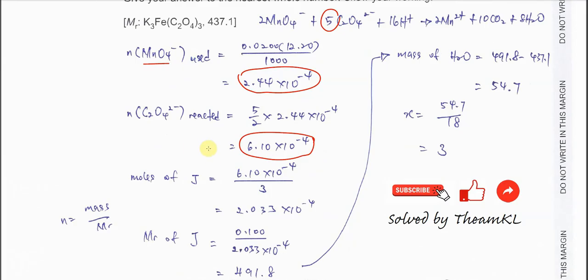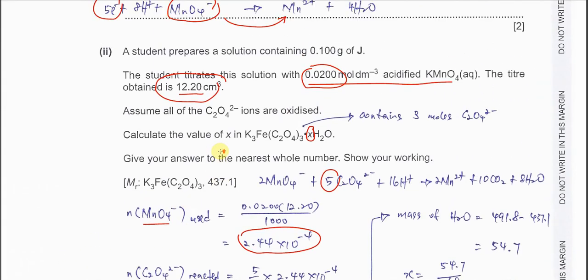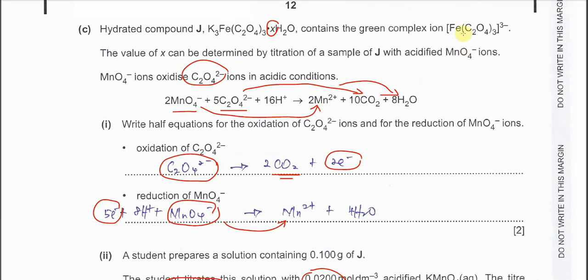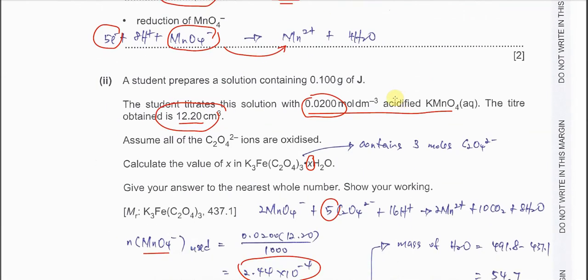Once you get this, you need to know the moles of J, because this is oxalate. If you look at this formula, if this compound is dissolved, of course it will form this complex ion. But in the compound J, you need to understand there are 3 oxalate ions there.